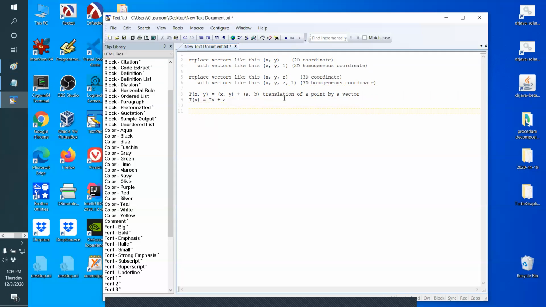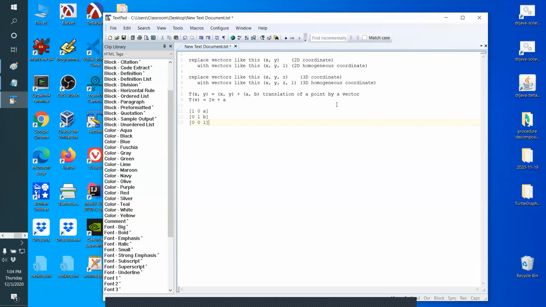But here's what I'm going to do. I'm going to switch over to the homogeneous coordinates, and then I'll write it in matrix notation. Here's what I'm going to write: 1, 0, a; 0, 1, b; 0, 0, 1.